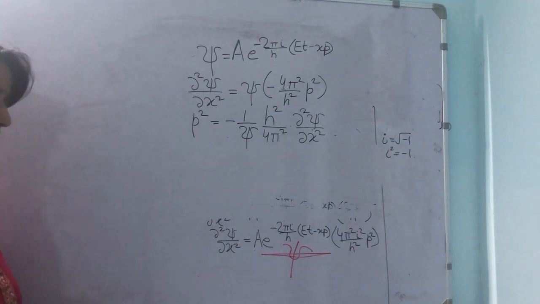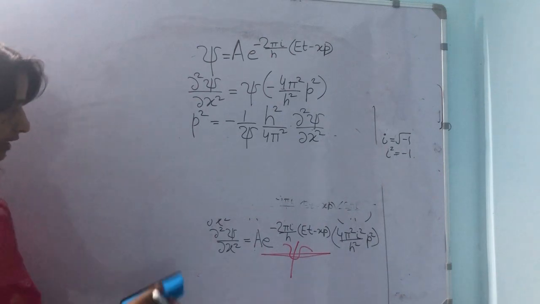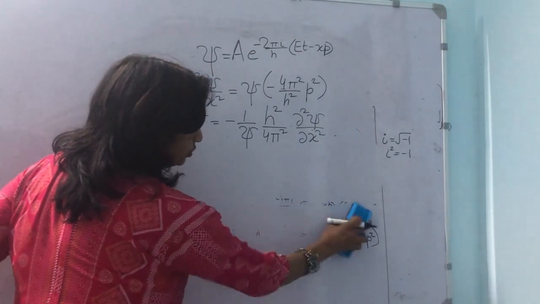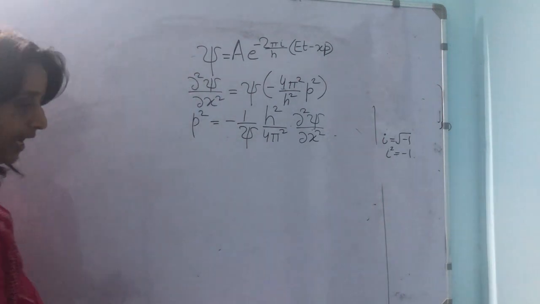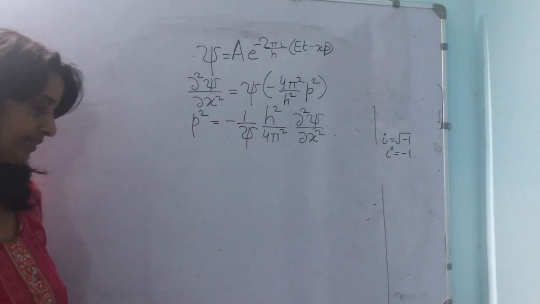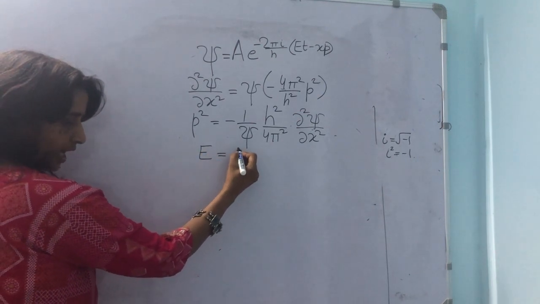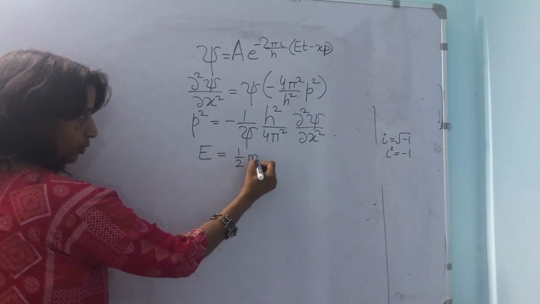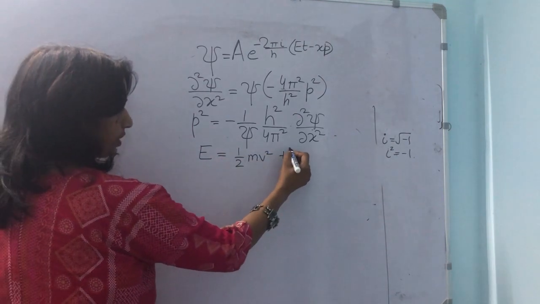In the non-relativistic limit, the total energy of the particle is equal to the sum of kinetic energy and potential energy. That means E is equal to half mv square, which is our kinetic energy, plus the potential energy.